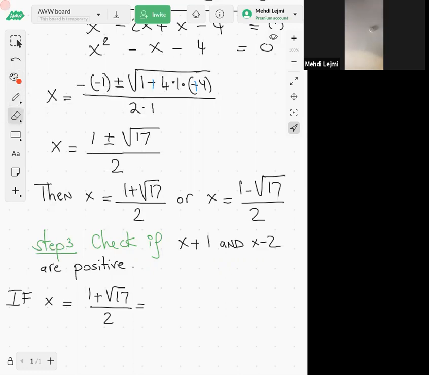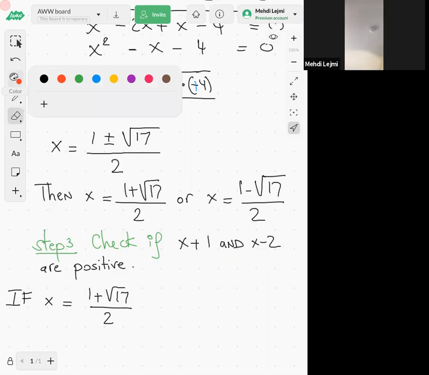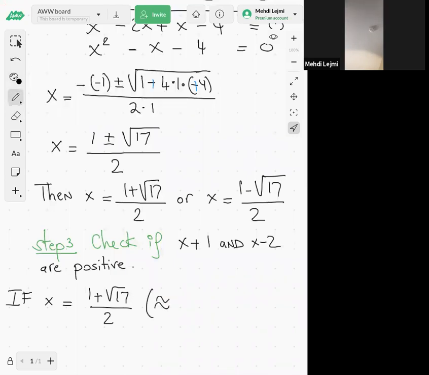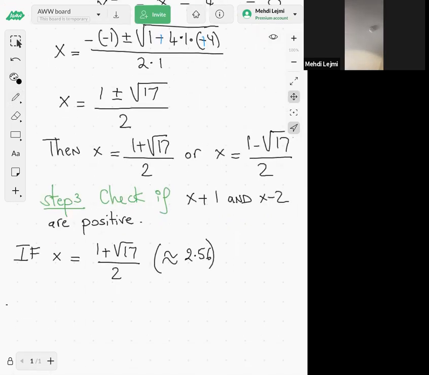If you use a calculator for the square root of 17, this is approximately 2.5, or 2.56. Thank you, Carolina. So then the question is, x plus 1 and x minus 2, are they positive?